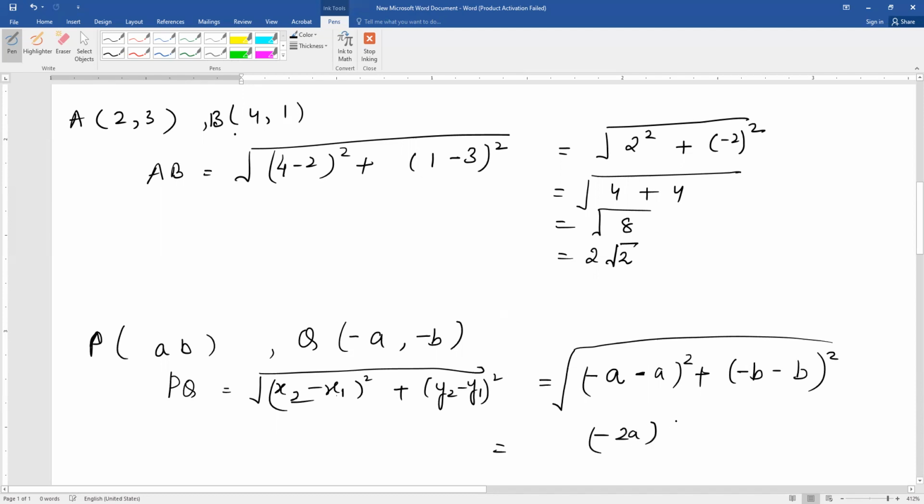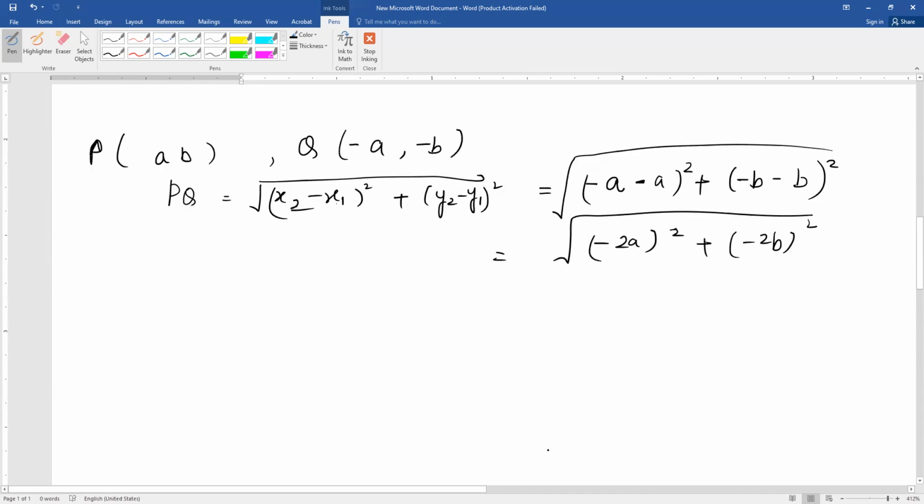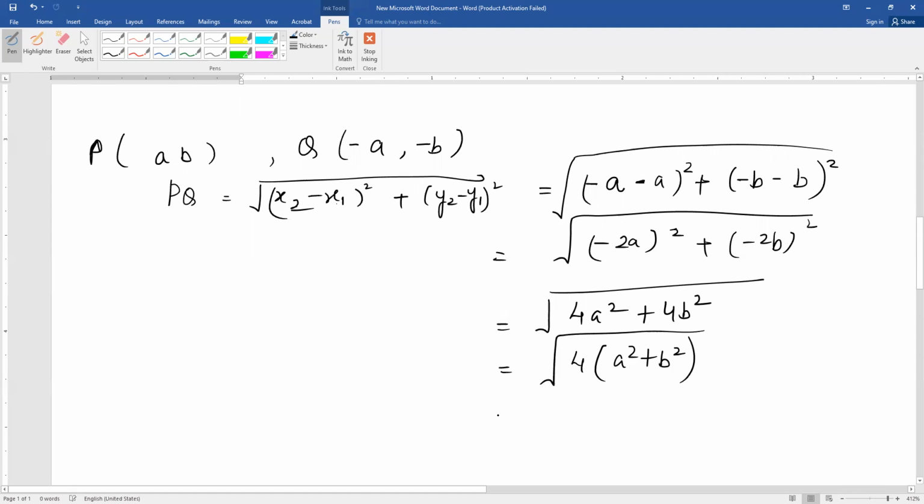Minus 2a whole square plus minus 2b whole square under the root. This gives you 4a square plus 4b square. 4 common, a square plus b square under the root.